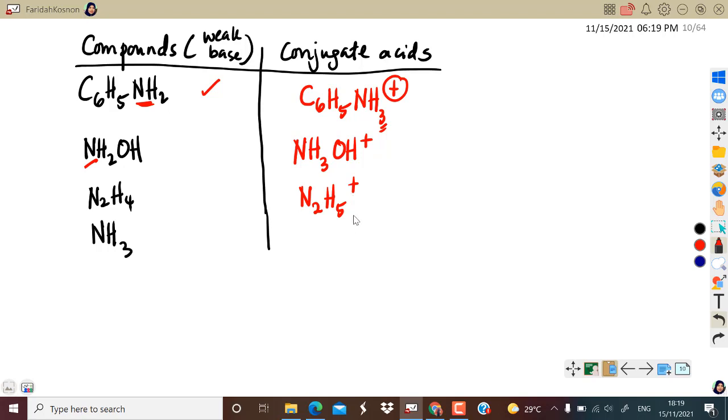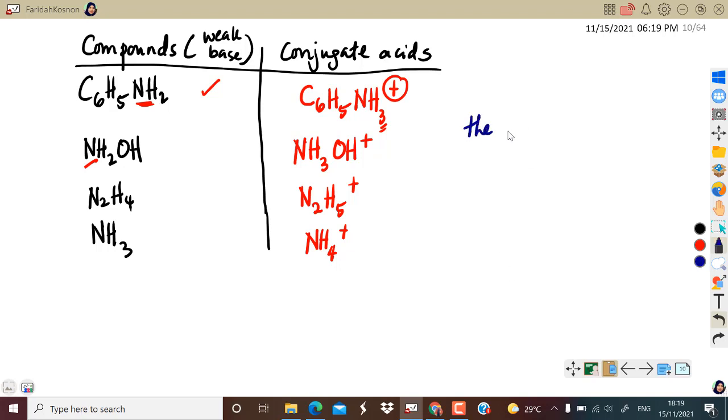Bilangan proton mesti bertambah and the charge become more positive. Okay, charge dia bertambah satu positif lah daripada compound asal. Okay, and we have ammonia. Bila ammonia ni adalah base. Jadi according to Bronsted theory, ammonia accept a proton from other substance dan dia akan form NH4 plus. So, ini adalah jawapan bagi structure of the conjugate acid.